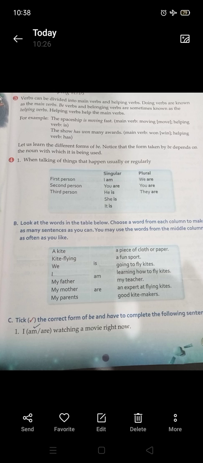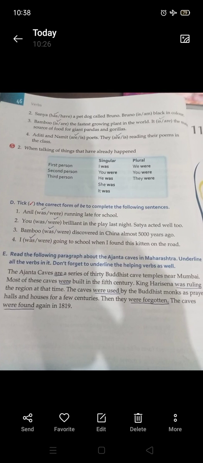Now the correct form of be: is, am, are, was, were. I am watching a movie right now. Sania has a pet dog called Bruno. Bruno is black in color. Bamboo is the fastest growing plant in the world.